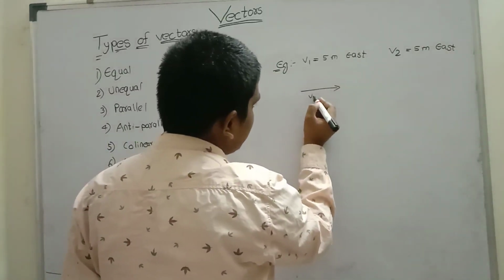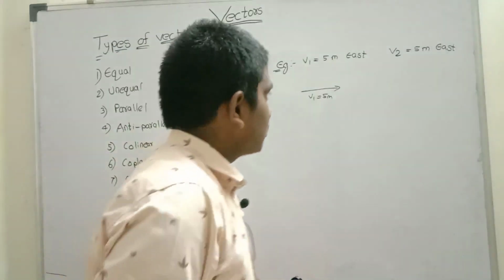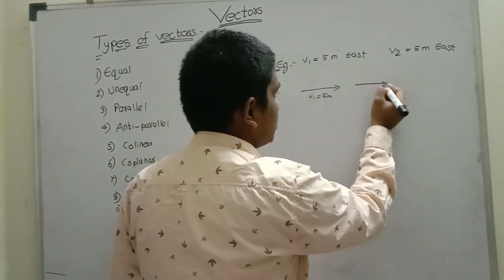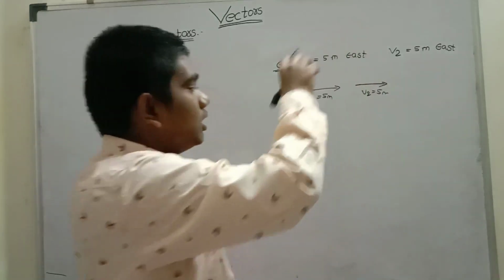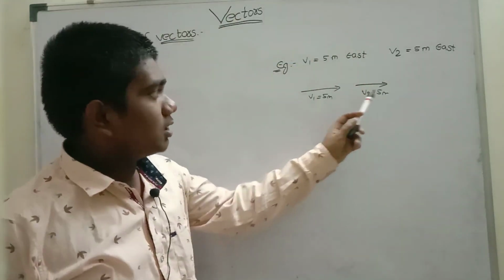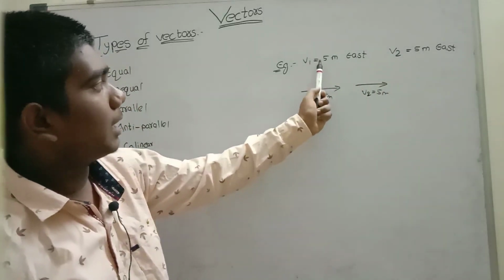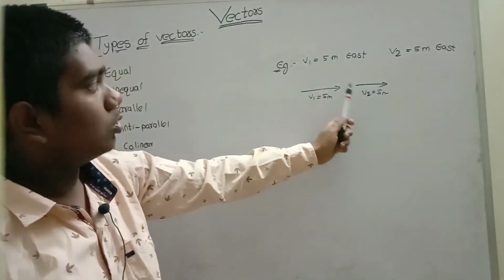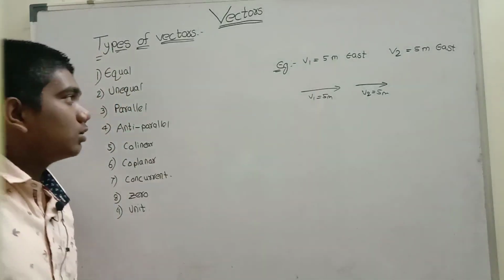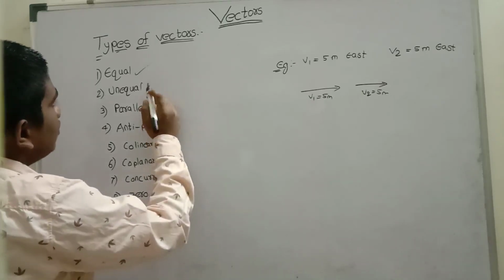This is V1, 5 meter, and this is V2, 5 meter. Here both directions are the same, east, and magnitude is also the same. Magnitude means a certain value. So these are equal vectors. Equal vectors completed.